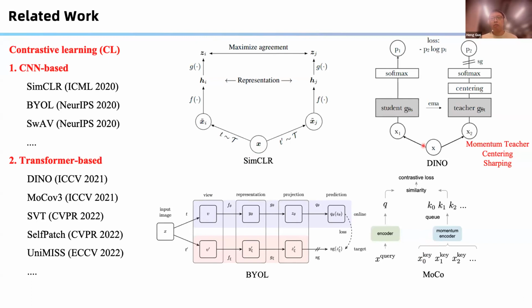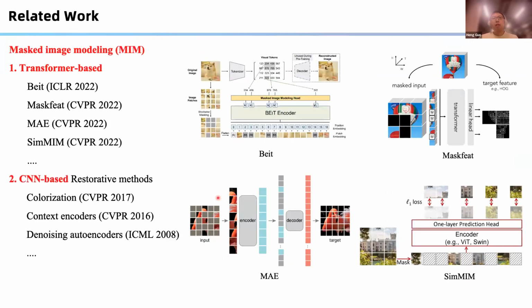And then DINO also adopted this momentum approach and used a student network to predict the outputs of a teacher network, while employing feature centering and sharpening to prevent model collapse as well. Moreover, BYOL proposed an asymmetric network structure and demonstrated SOTA results without using any negative samples. Then we come to the masked image modeling part.